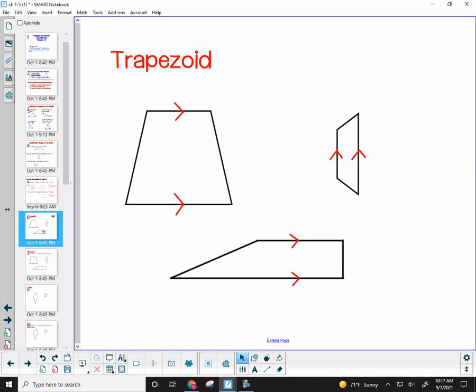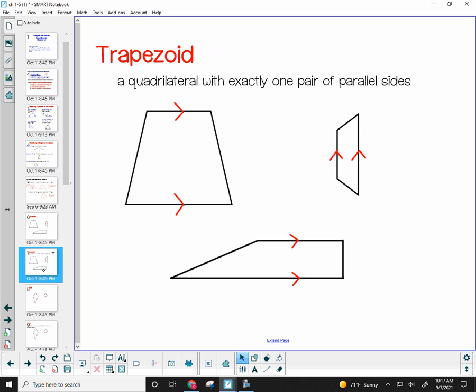Up here I have examples for you of a couple different types of trapezoids. So a trapezoid is a quadrilateral with exactly one set of parallel lines. That word exactly here is pretty important.